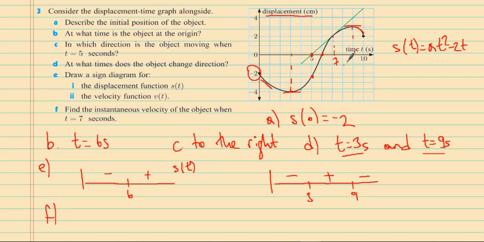I have the points (5, 0) and (9, 4). The gradient equals (4 minus 0) over (9 minus 5), which is 1 meter per second.